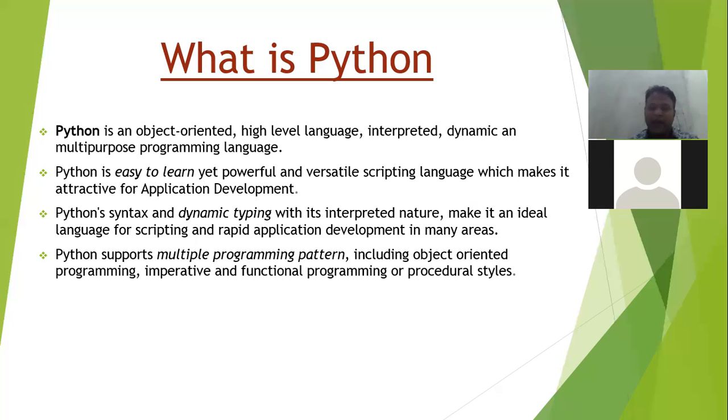Python supports multiple programming patterns including object-oriented programming, imperative, functional programming, or procedural style. Means by using object orientation, imperative and functional programming, procedural style. Procedural means you divide your complex program into smaller modules.